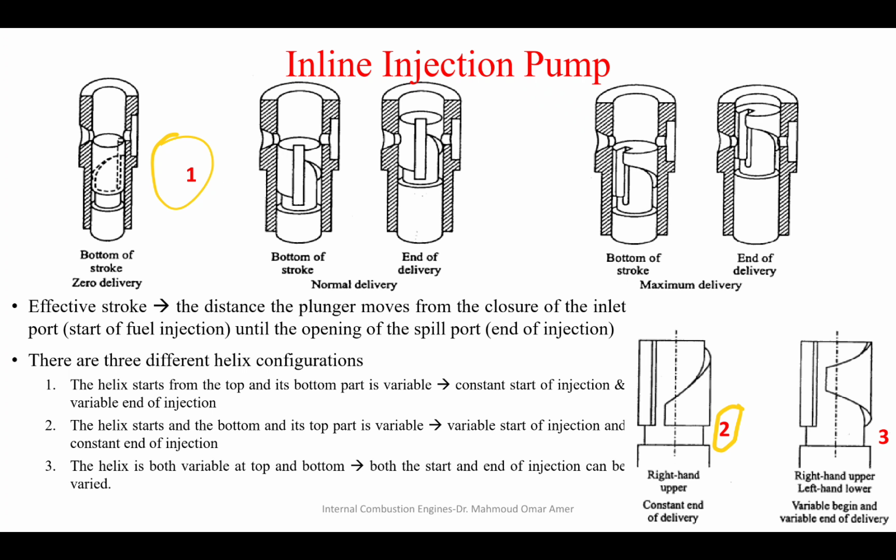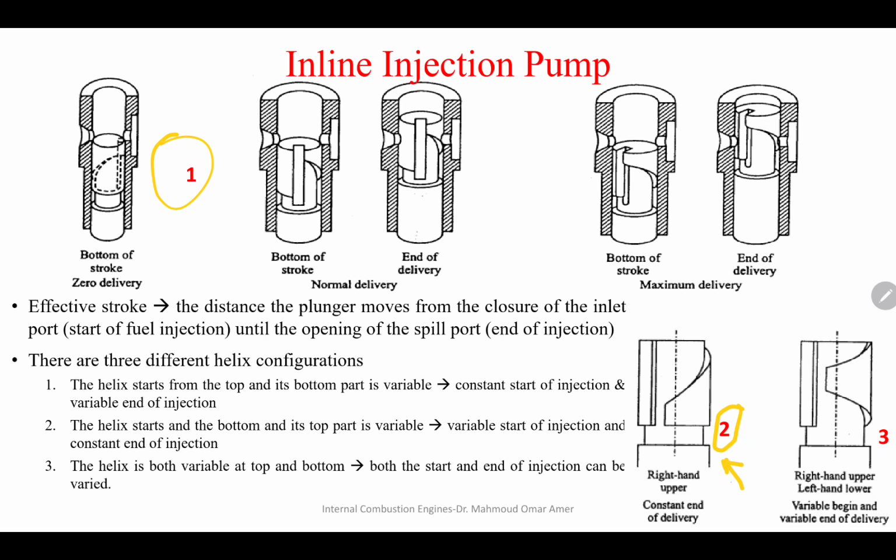For the first one, the helix is solid at the top, and its cross-sectional area decreases as it goes down. For the second type, the helix is hollow from the top, and it increases as it goes down.